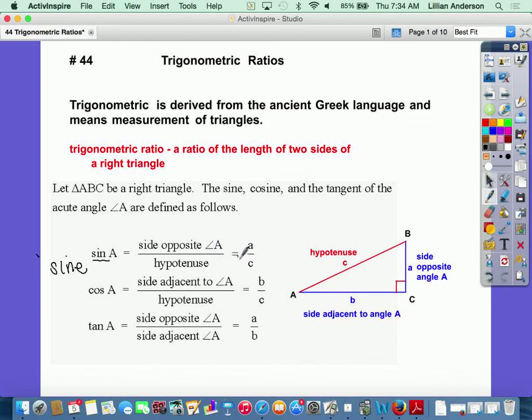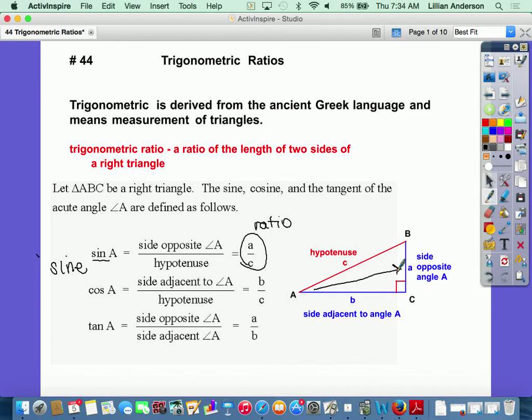This here represents the ratio for the sine of angle A. If you look, side A is across, it's opposite of angle A, and we always know our hypotenuse is across from our right angle. So A over C will represent our ratio.